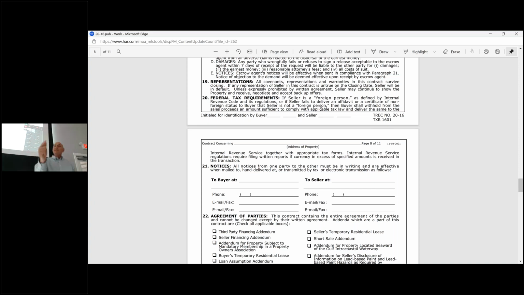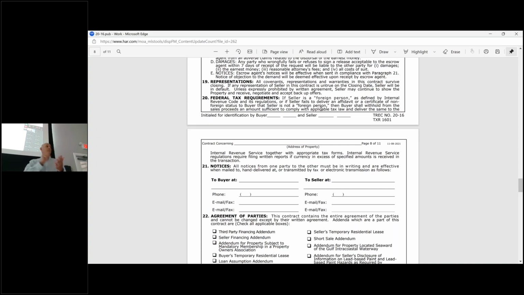So what this paragraph says is if you're involved in a transaction and the seller is a foreign person, you need to get some counsel. Typically the title company will provide it, but it is not their responsibility. You need to get affidavits, and this is routine, where the seller will sign an affidavit affirming that they're not a foreign person.